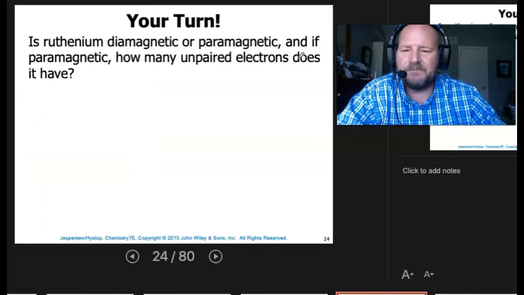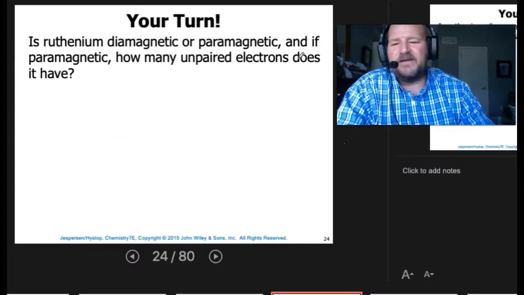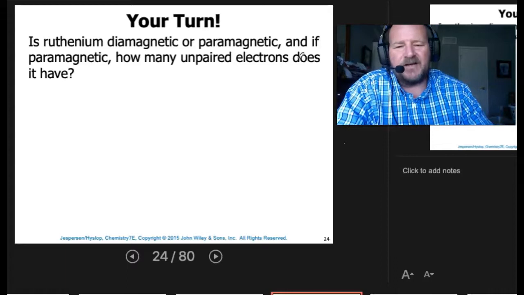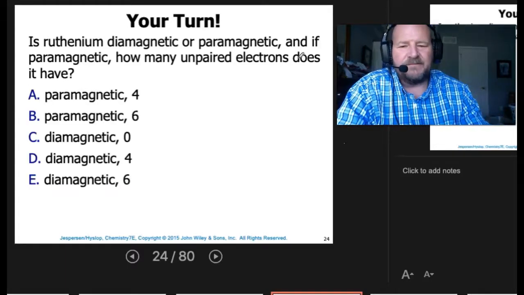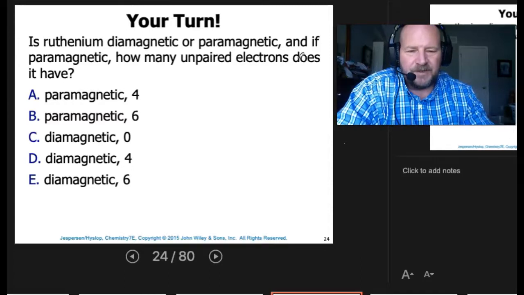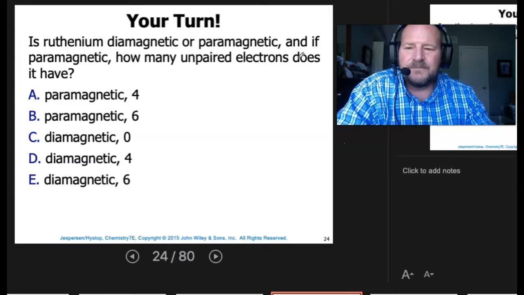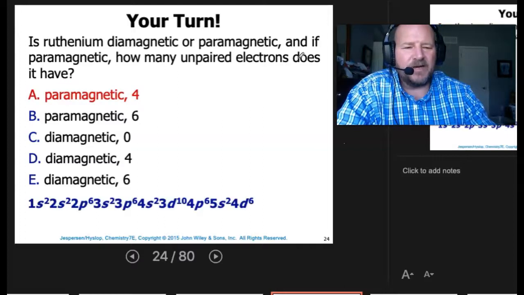All right. Is ruthenium diamagnetic or paramagnetic? And if paramagnetic, how many unpaired electrons does it have? So again, I'll pause. I want you to get your periodic table out, make a quick sketch of an electron diagram if you want. And hopefully you come up with paramagnetic with 4 electrons.